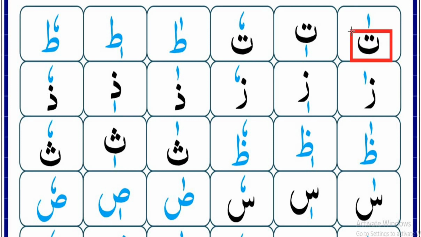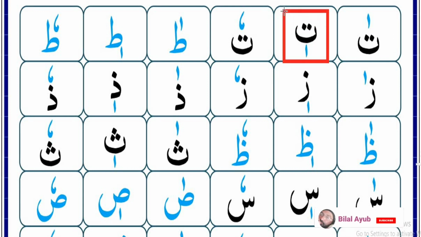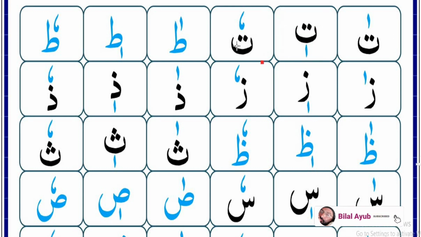So this one, if you spell it, it would be ta, standing fatha, ta. That's how you spell it. Ta, standing fatha, ta, the sound would be stretched. Ta, standing kasra, ti, and ta, standing dhamma, tu. Whatever you call these signs, it does not matter whether you call it an inverted dhamma or a vertical dhamma or a standing dhamma. What matters is the sound.